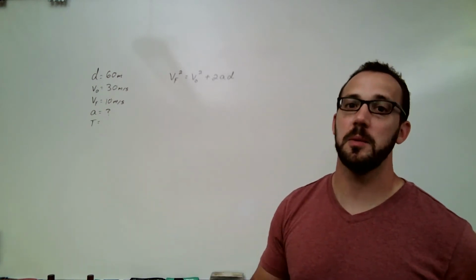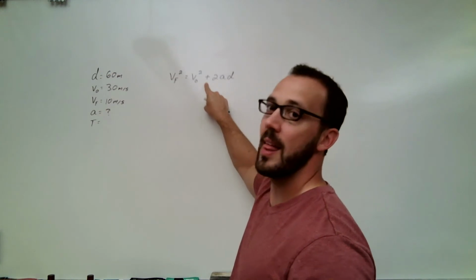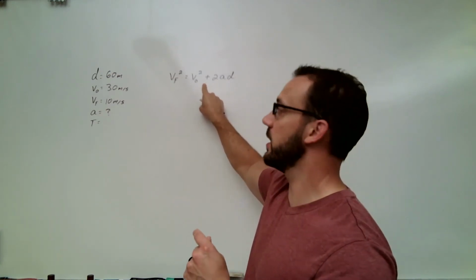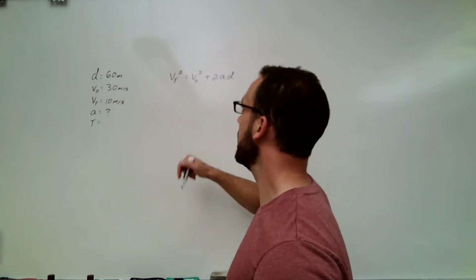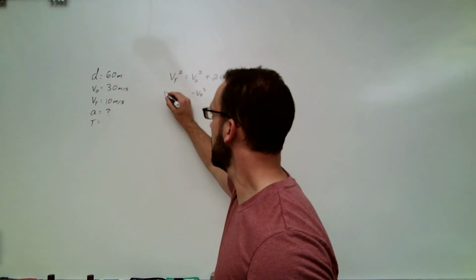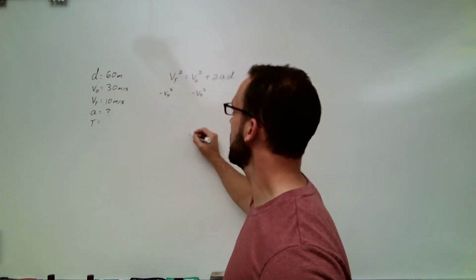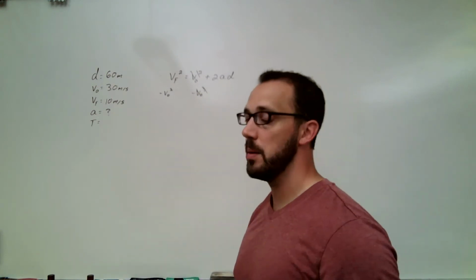That's addition and subtraction. So if you see any addition or subtraction over here, which we have, that's what we're going to do first. We have to get rid of the V naught squared first before we get rid of the 2D. So if I subtract V naught squared from both sides, that'll go away, which is what I'm looking for. I'm trying to get A by itself.